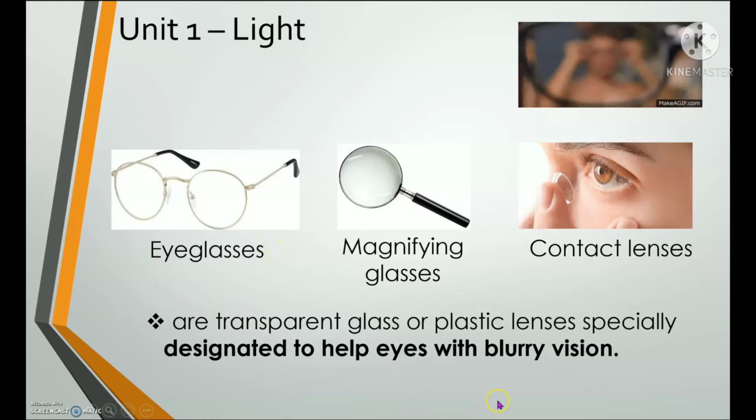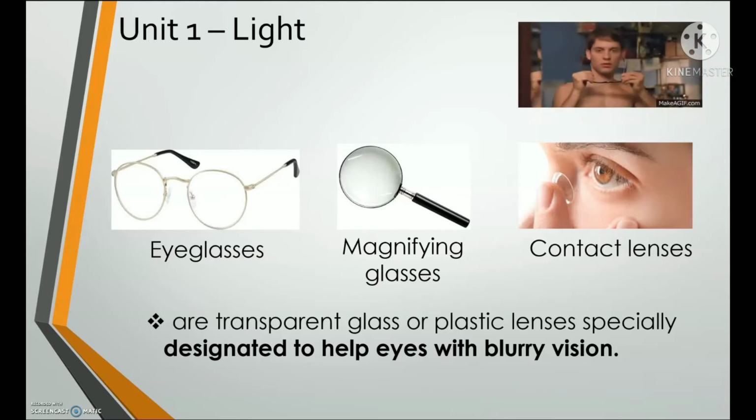So the question is, what are some transparent materials that are specially designed to help with blurry vision? Very good. Eyeglasses, magnifying glasses, and contact lenses. Alright, let's move on to the next slide.